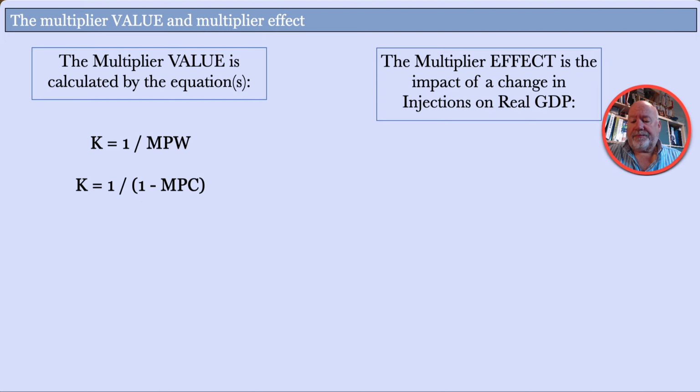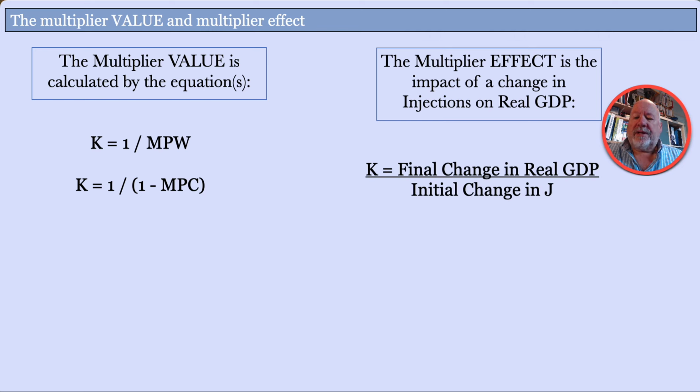Okay, now the multiplier effect is that this value of K that you work out over here is given to you by the initial change in injections multiplied up by whatever that number is to give you a final change in real GDP. In other words, if K was 4, so MPW was 0.25 or a quarter, okay?